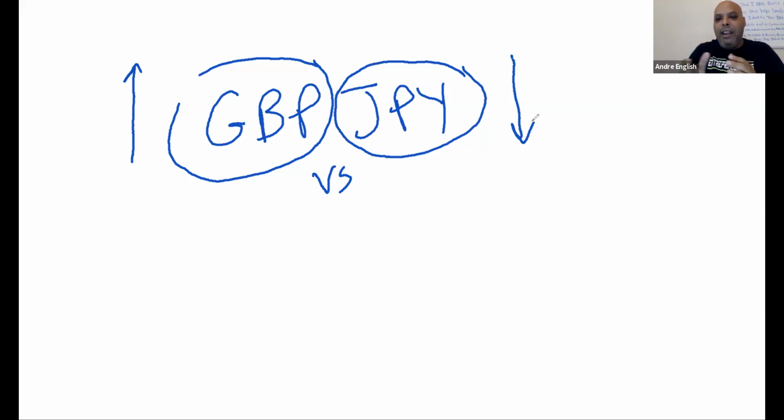As more indicators stack up on this side, the strength of that currency bar gets stronger, and the strength of the other currency bar might be getting less, which would cause price to go up. Okay?